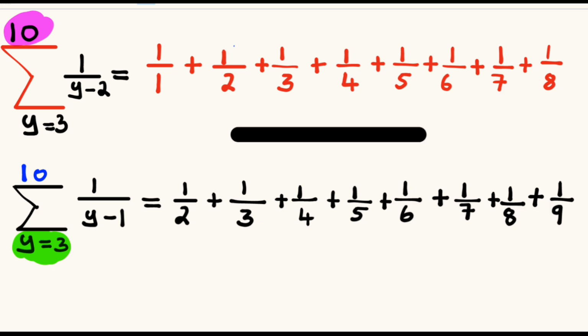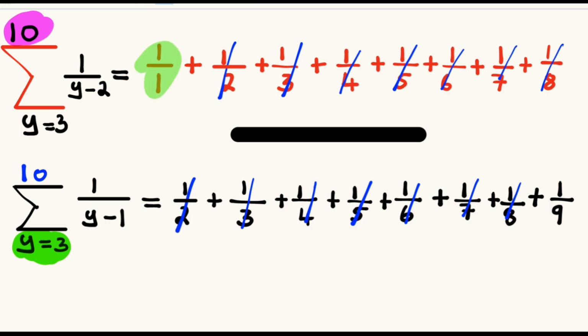And if we subtract, the half and that half will cancel each other out, and the 1 over 3 and that 1 over 3 will cancel each other out, and the 1 over 4 and the 1 over 4, the 1 over 5 and the 1 over 5, the 1 over 6 and that 1 over 6 will cancel out, 1 over 7 and 1 over 7 will cancel out, even the 1 over 8 and the 1 over 8, such that we will be left with the 1 over 1 and the 1 over 9.